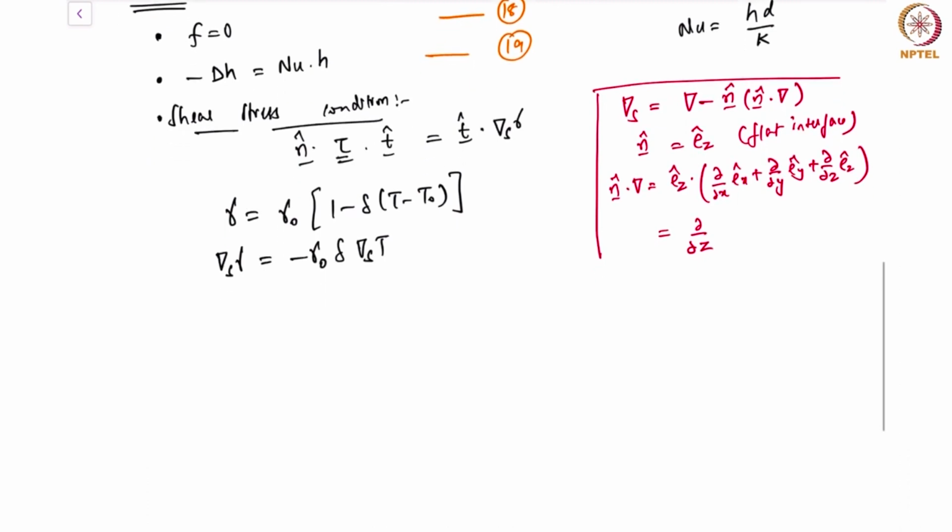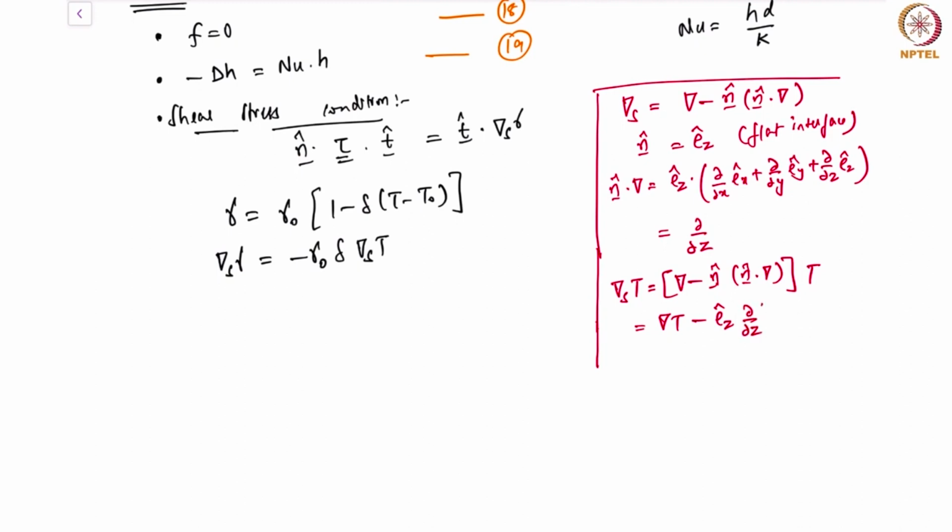Therefore, del S of capital T essentially becomes del minus n dot del of T. Let's evaluate this. That's gradient of T minus n, that is Ez, of n dot del, that is del by del z of capital T.